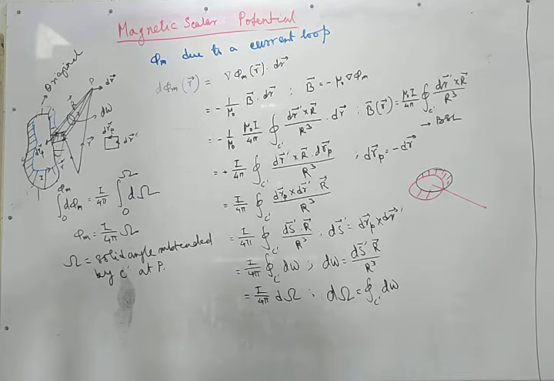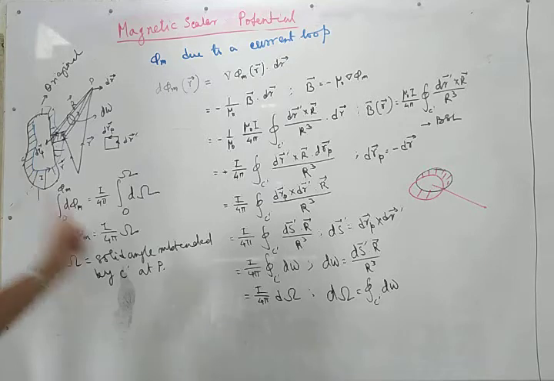The thing to be remembered is that the unit of angle is radian, and that of solid angle is steradian, and the scalar potential will have the dimension of current.